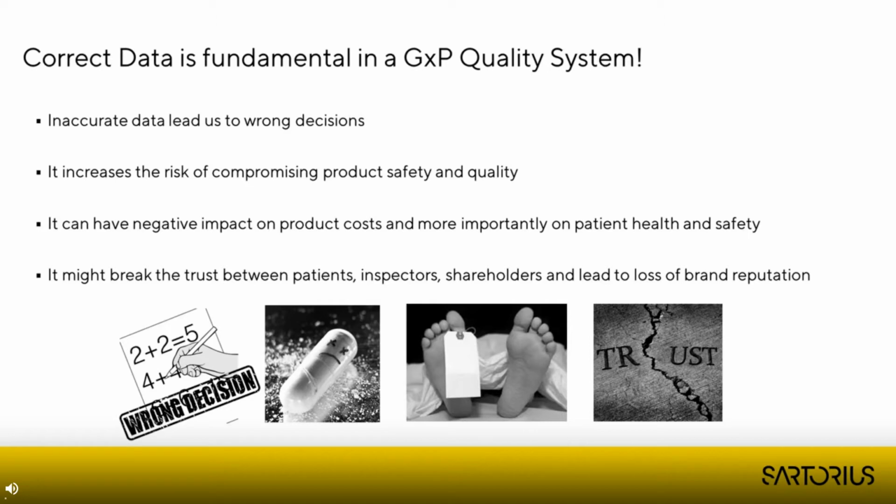And we know if the product does not have the safety and quality it should have, it can have a negative impact on the product cost and, more important, on our patients' health and patient safety. At the end, this breaks the trust between our patients, inspectors, and stakeholders. And also, we lose our brand reputation, and therefore it is so important that we make the right decision based on the right data.